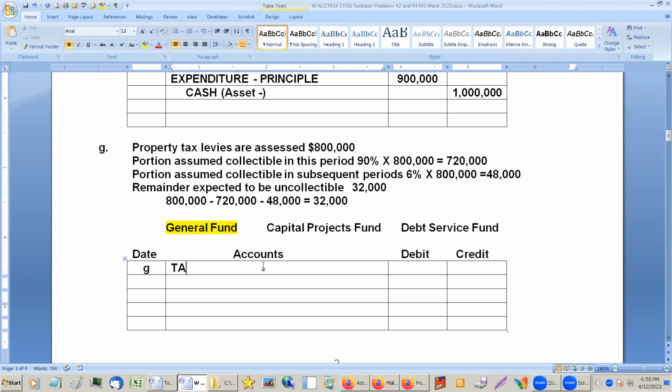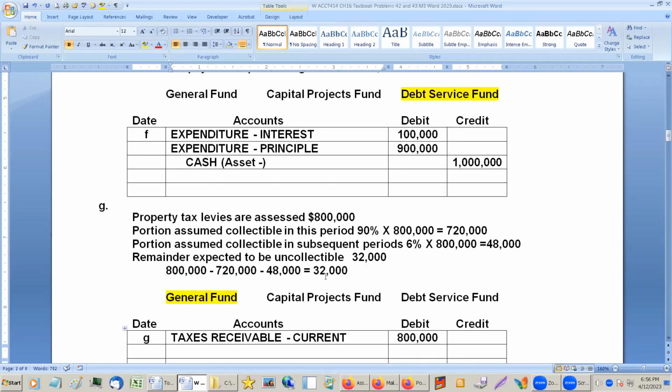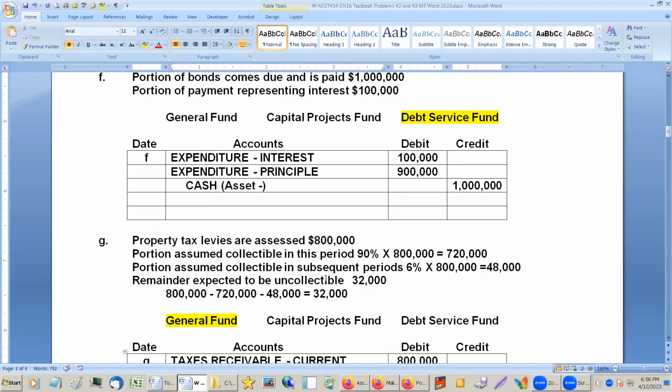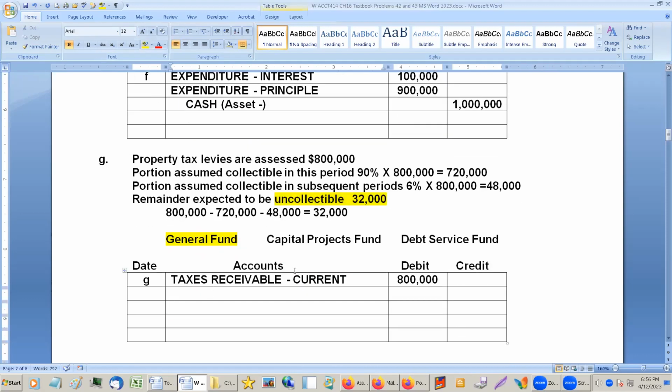Taxes receivable. This is an asset. 800,000. Uncollectible, 32,000.